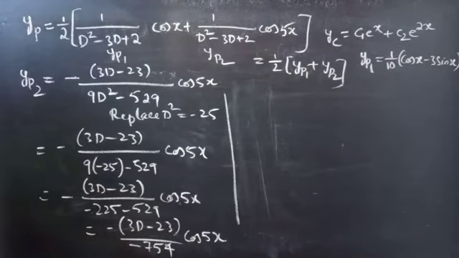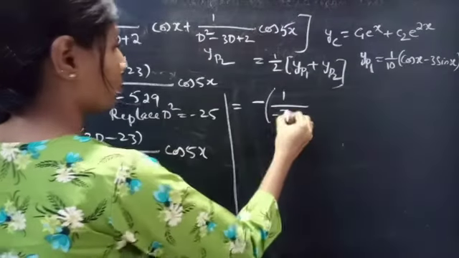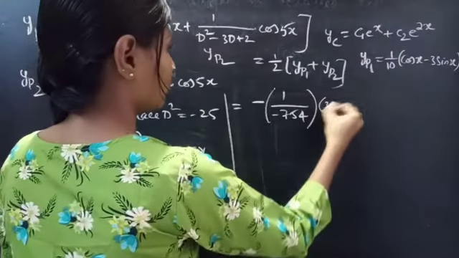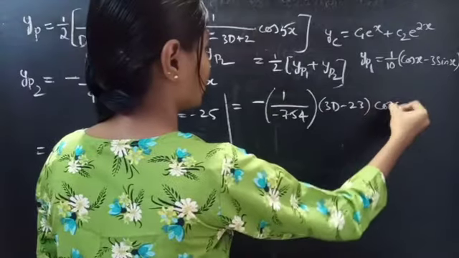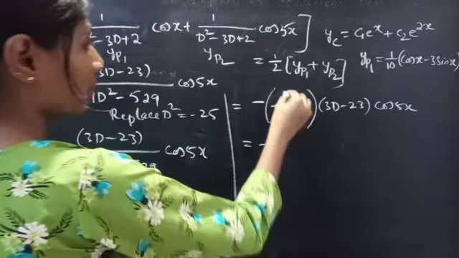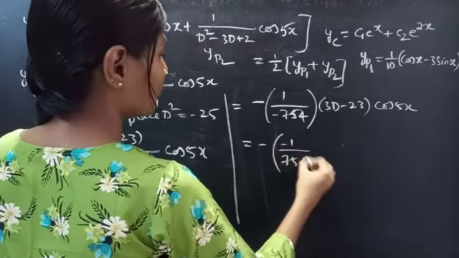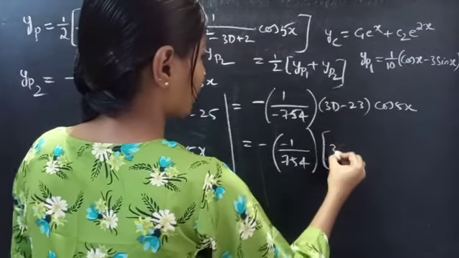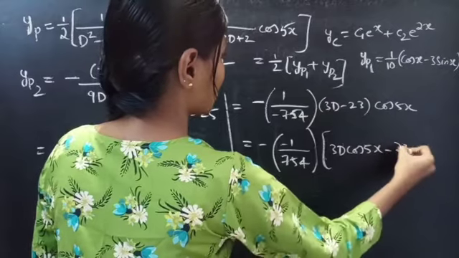Now we can write this as equal to minus into 1 by minus 754 into 3D minus 23 into cos 5x, right? So we can write 1 by minus 754 as minus 1 by 754 into 3D cos 5x minus 23 cos 5x.